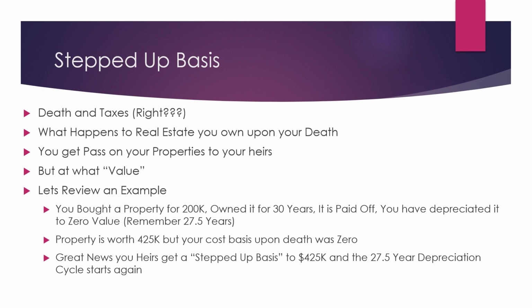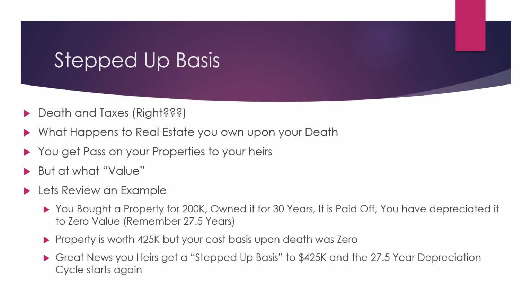So if you were to sell the last day you were living, you would pay taxes on the $425,000 because it's pure profit. But you pass away, right? You're 110 years old, you go in your sleep, all that good stuff. You pass it on to your heirs, your sons and daughters, aunts, uncles, sister, brother, mother, whatever, and they get to take it in what's called a stepped up basis.